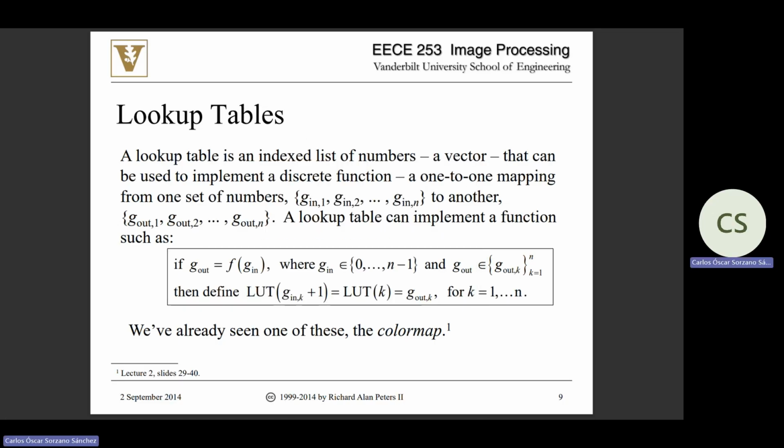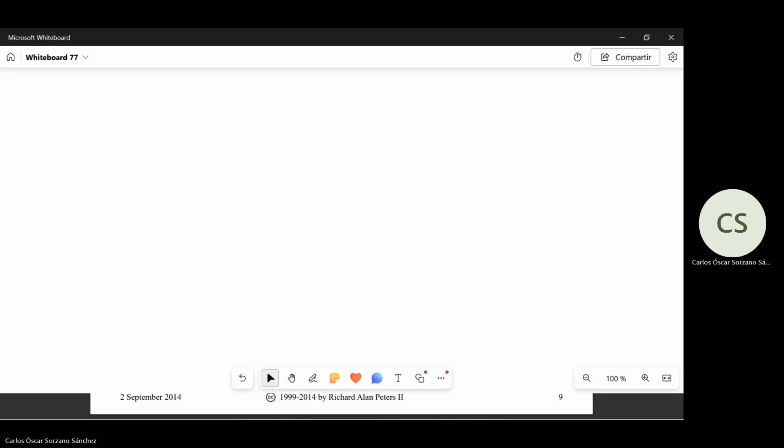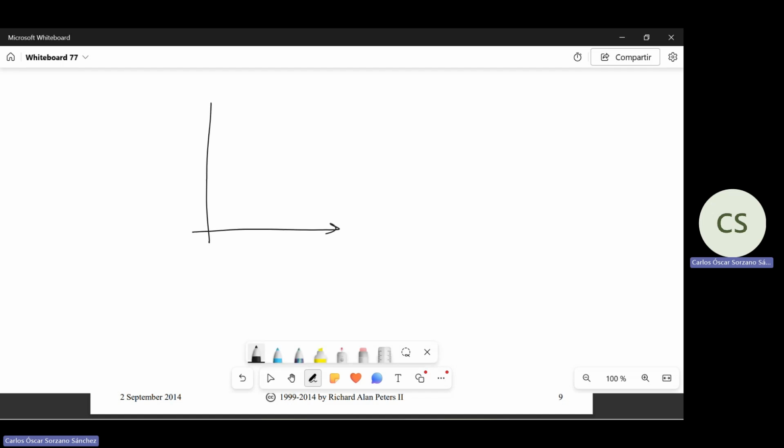Let's say that you have a function with x, you have y, and y is 2x. If x goes from 1 to 10, y goes to 20, and then it is this line.